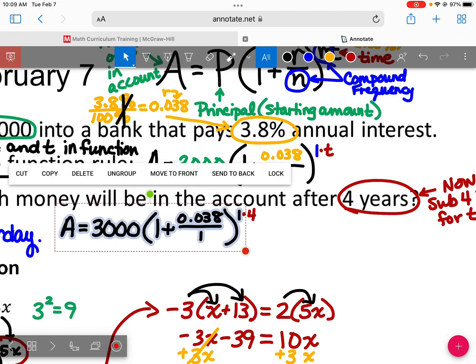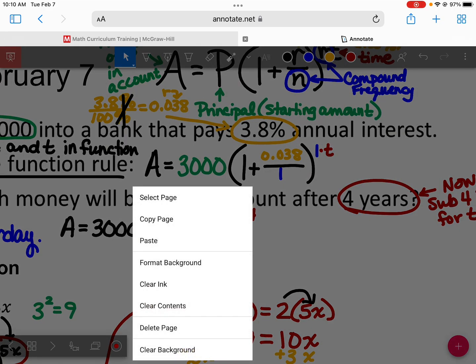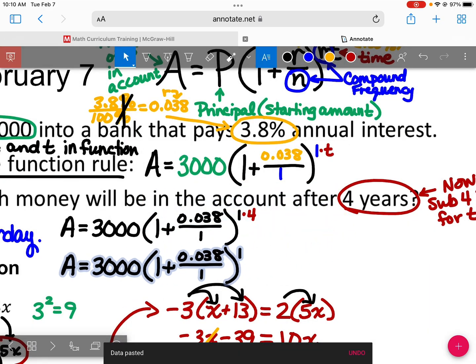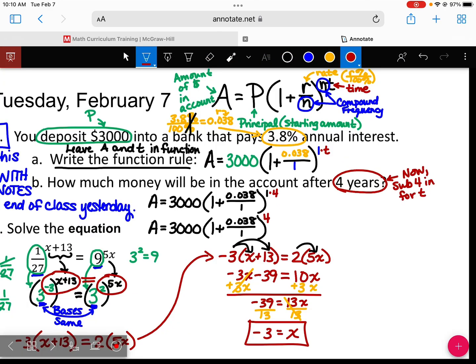So what I'm really saying here, what I'm going to type into my calculator, just has this to the power of 4. Grab your calculators out for me. We're going to type this in.